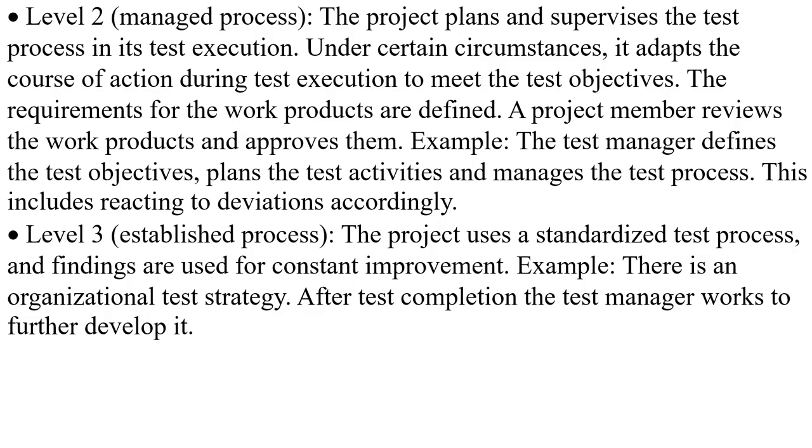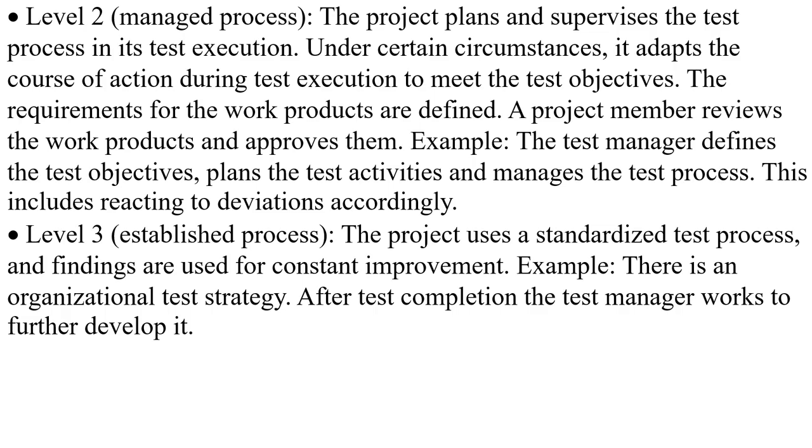Level 2, managed process. The process plans and supervises the test process in its test execution. Under certain circumstances, it adapts the course of action during test execution to meet the test objectives. The requirements for the work products are defined.